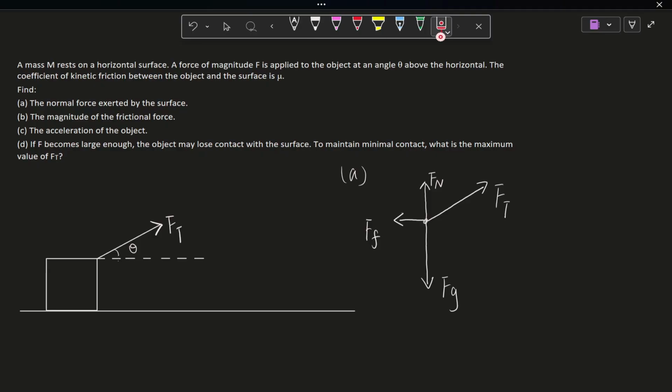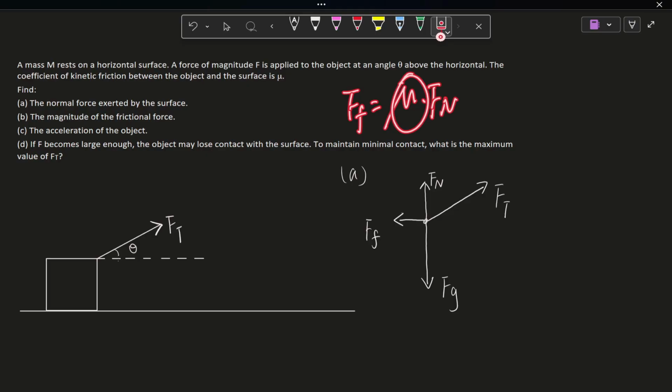One thing in this free body diagram that you should keep in mind is that the magnitude of the vector Ff must be smaller than the magnitude of Fn. Wait, that's not right. Ff is equal to mu times Fn, right?